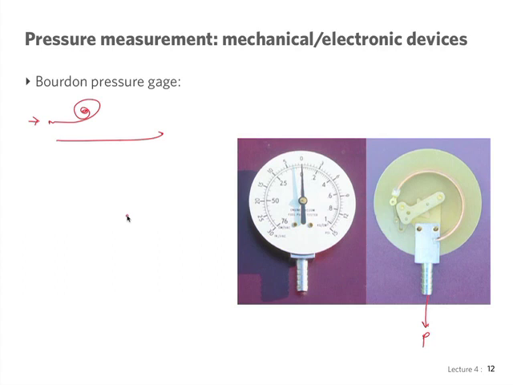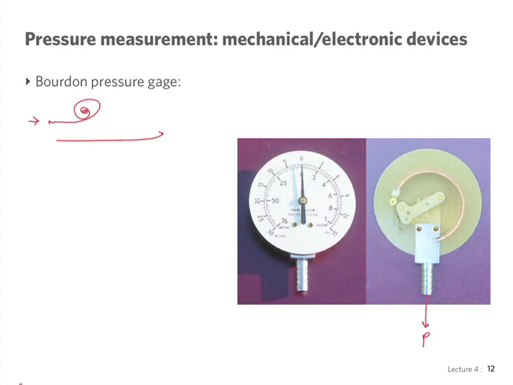You remember that? Same idea. You apply a pressure on this curved element, and it wants to straighten out a little bit. It's a metallic, hollow element, and it's elastic because the metallic material is elastic. That small change in the shape of the curved element is read on a needle and calibrated to indicate the pressure changes. So you have to calibrate this thing.